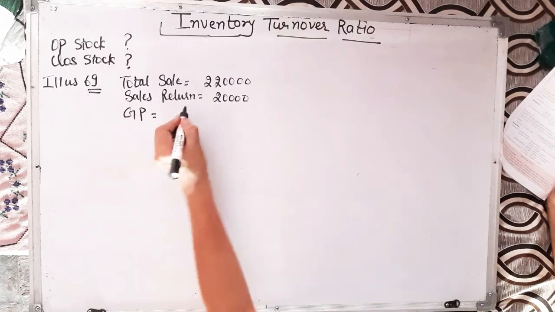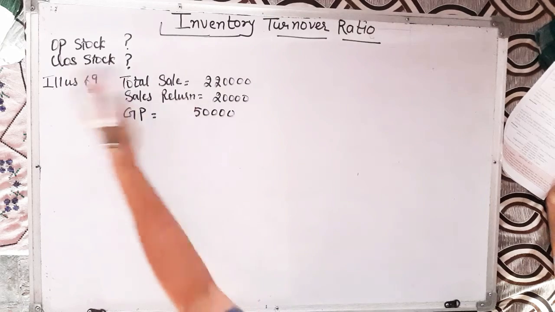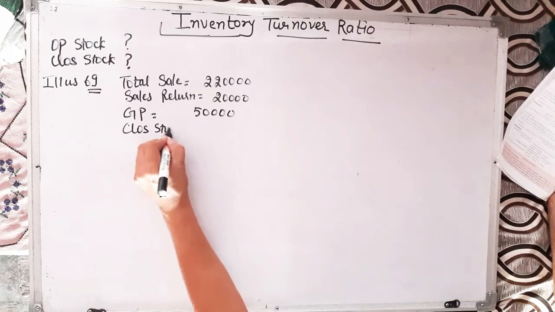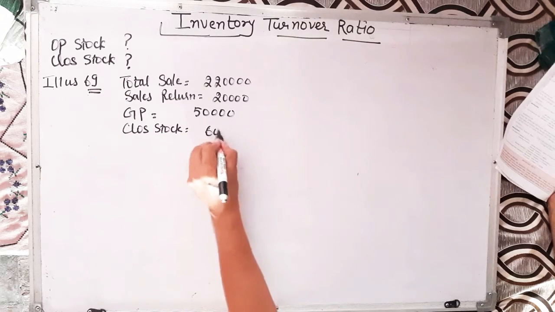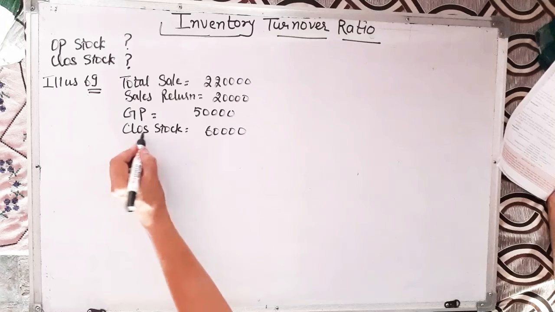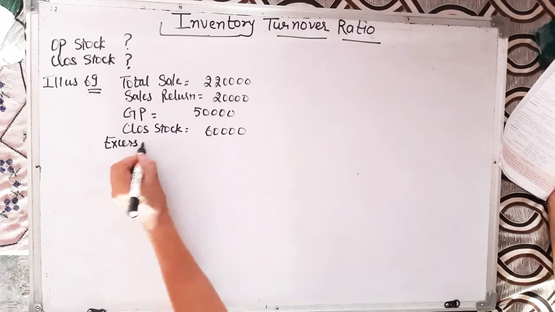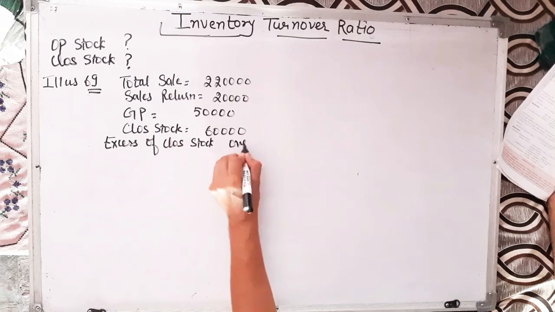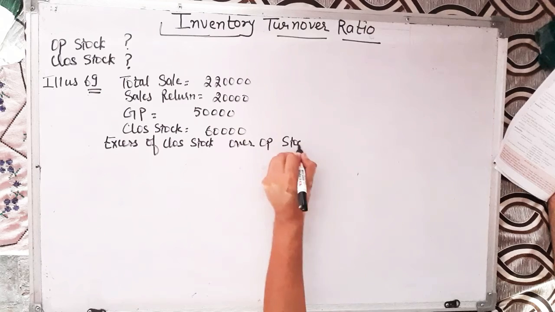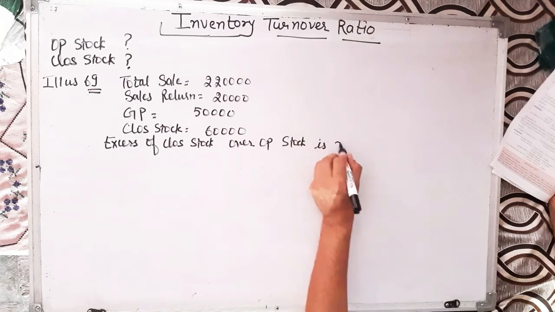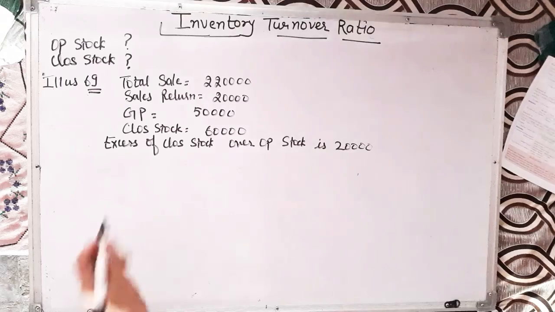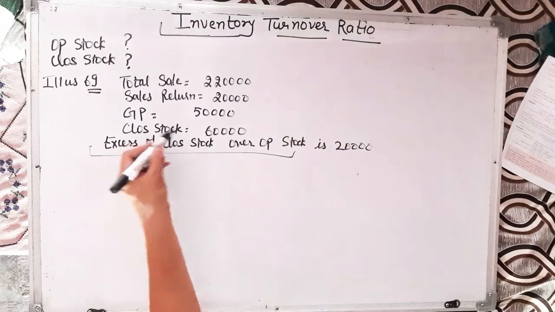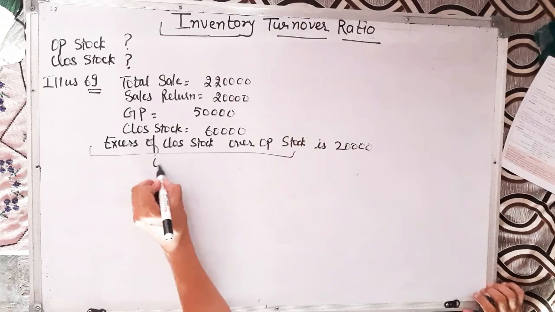GP is equal to 50,000. Closing stock is equal to 60,000. Excess of closing stock over opening stock is 20,000. So this means that closing stock is 20,000 more than opening. If closing is 60,000, then opening will be 40,000.